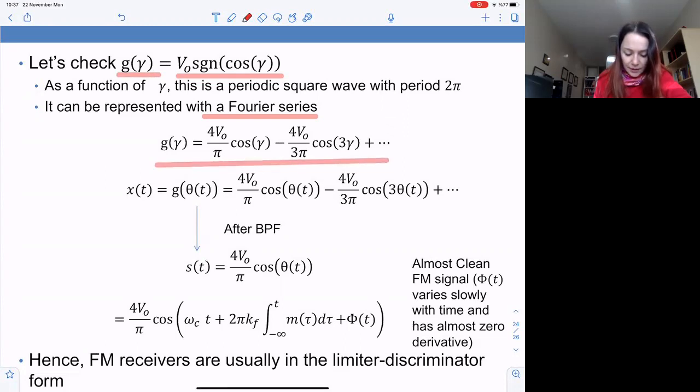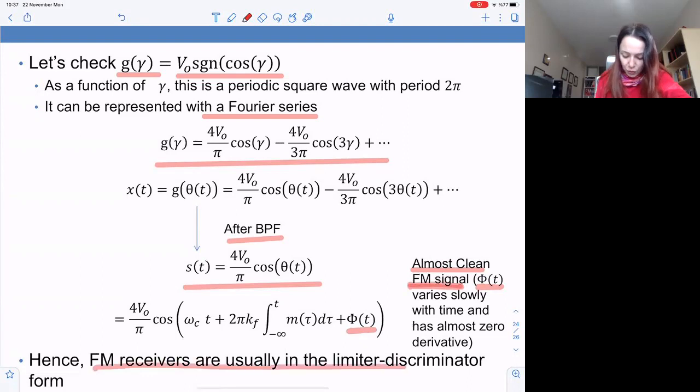After bandpass filtering, we will essentially have this term, which is an almost clean FM signal that varies slowly with time and almost has 0 derivative. This extra phase component is slow. So essentially we have an almost clean FM signal. So FM receivers are usually in the limiter discriminator form. I recommend that you go through this short mathematical derivation as homework.